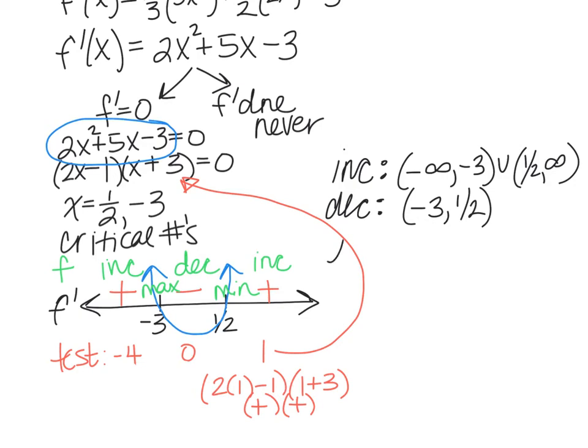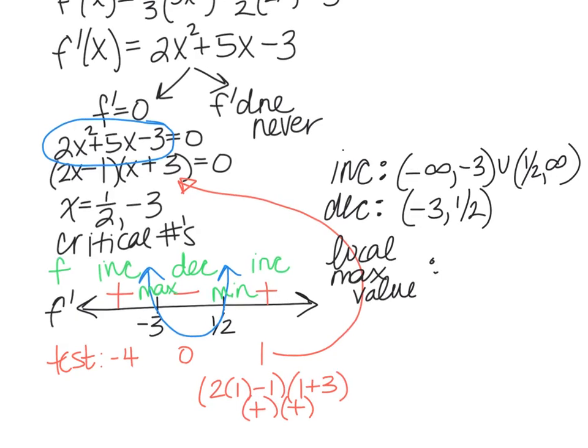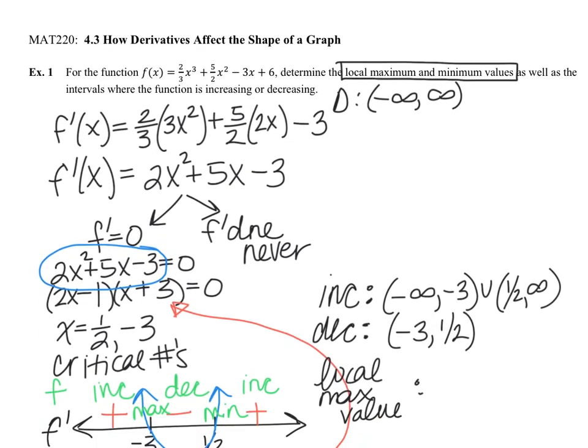And now we're going to go ahead and find our local max value. And notice the word value. Let me go back up. When it asks you specifically for a value here, a value implies that it's asking you for the y value.